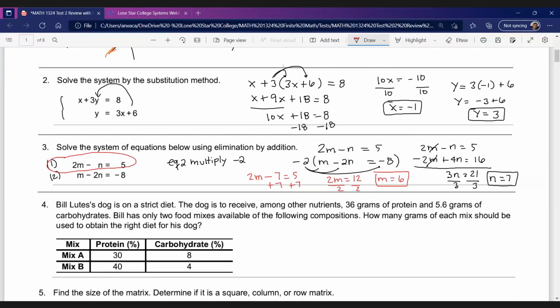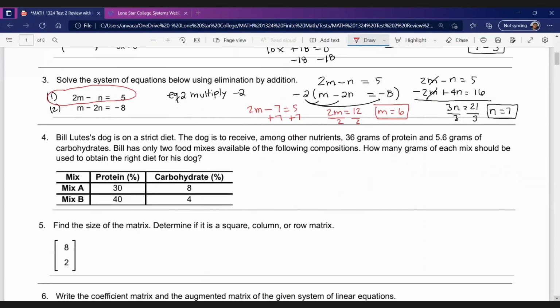All right, let's go ahead and take care of an application problem. Let's see what we have. Bill Lute's dog is on a strict diet. The dog is to receive, among other nutrients, 36 grams of protein and 5.6 grams of carbohydrates. Bill has only two food mixes available of the following compositions.